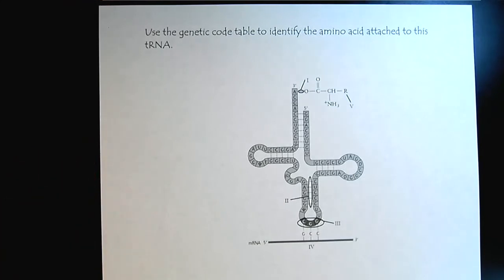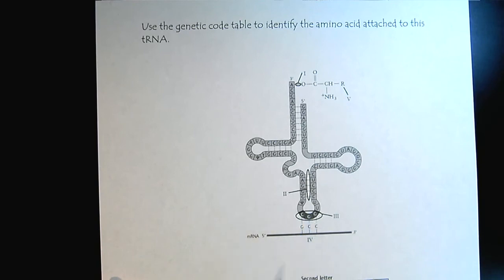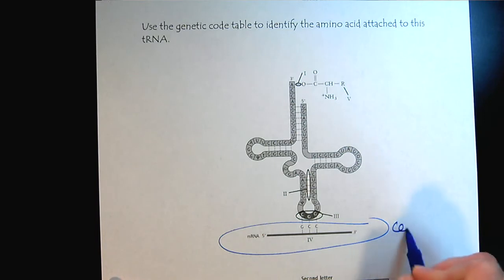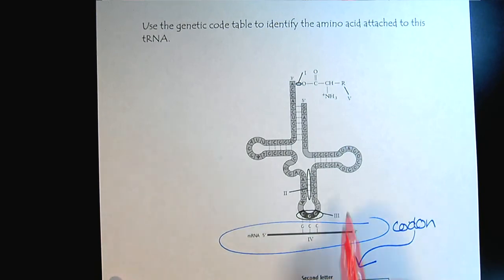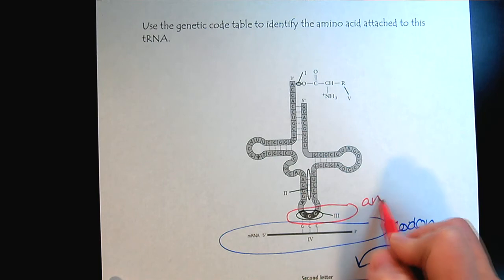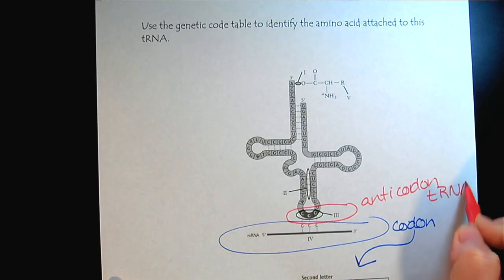So we'll use the genetic code table at the bottom of the page to help us identify the amino acid attached to the RNA. All right, so if we look here, right, so where are we going to look? Well, right, this is our codon. This is where we need to look, right, because this is the codon table. Since we're here, right, remember this would be called the anticodon, right? That has to do with the transfer RNA.